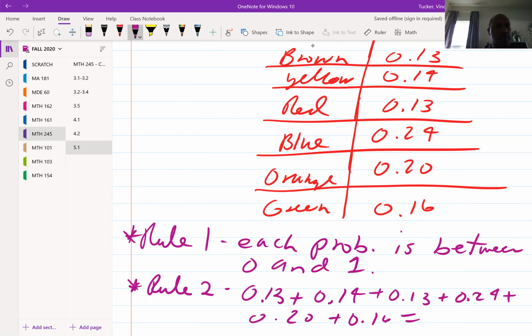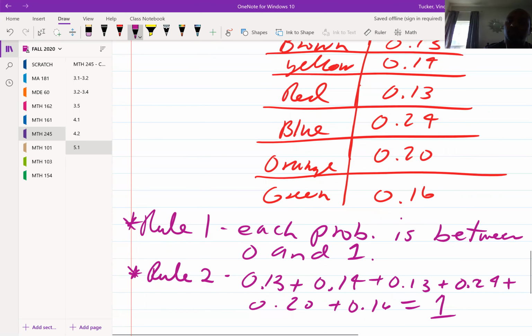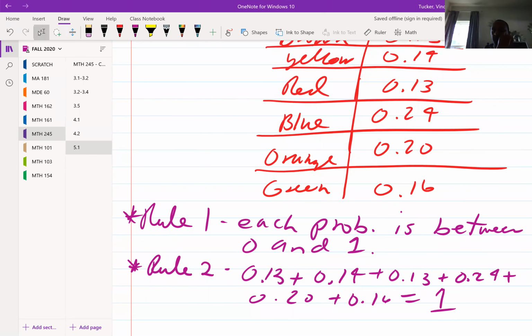Hold on, I'm missing one number. 13, 14, 13, 24, 20, 16. Yep. All right, so they add up to give us 1.